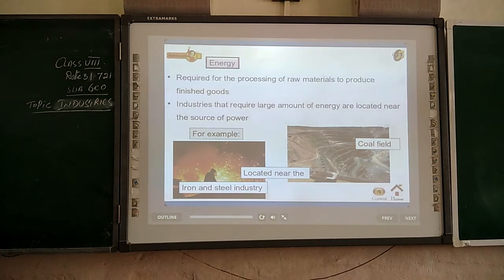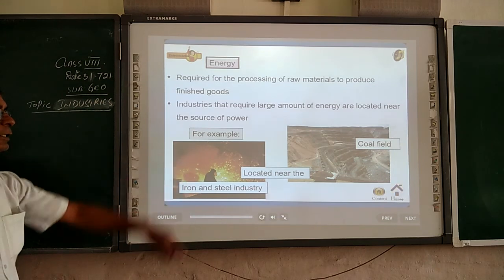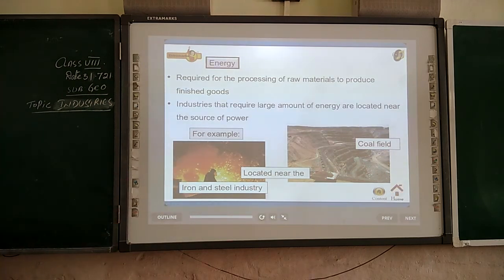Energy is required for the processing of raw materials to produce the finished goods. Example, the iron and steel industry located near the coal field. This is a coal field. Okay, coal mine.